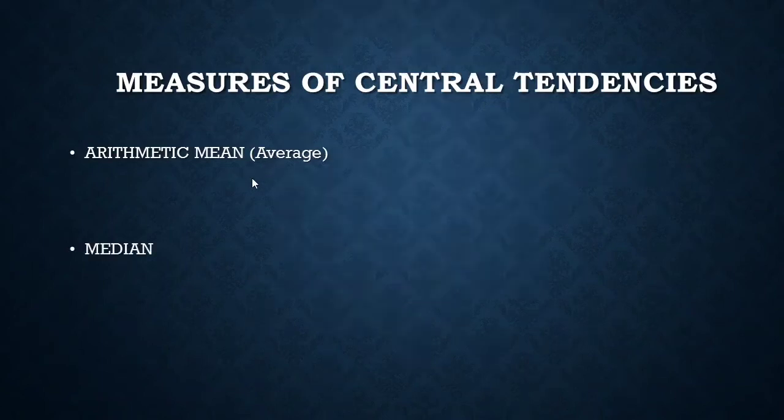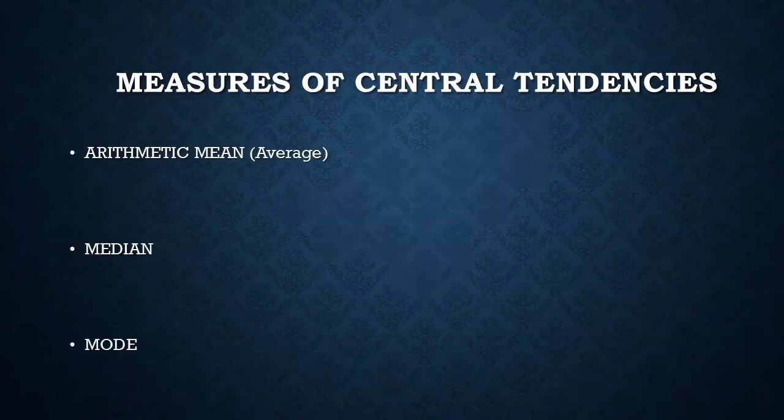The second measure of central tendency is the median, and as you studied in your previous class, median is the midpoint of the data given to you. It is the middle value of the data. Say for example, if you have a data 1, 2, 3, 4, 5. So in this 1, 2, 3, 4, 5 data, 3 is your middle value. So it becomes your median.